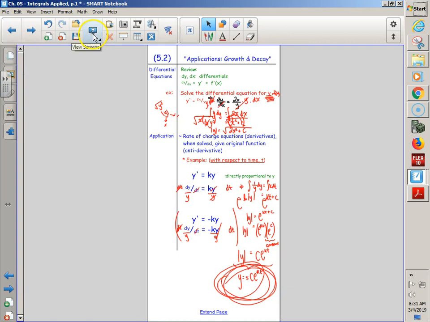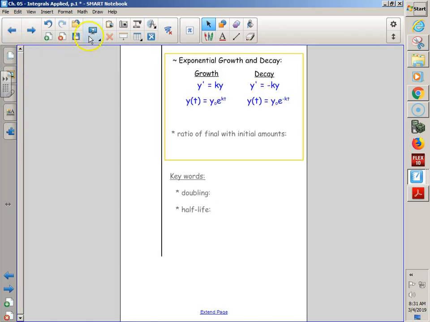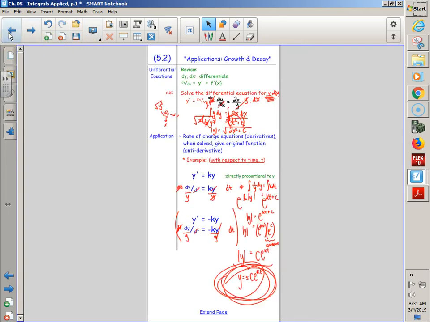On Friday, we went ahead and saw, and actually we saw it in the worksheet first of all, that there are more complicated differential equations than the ones that we saw in 5.1 homework.